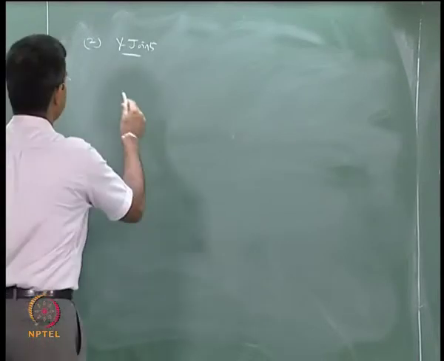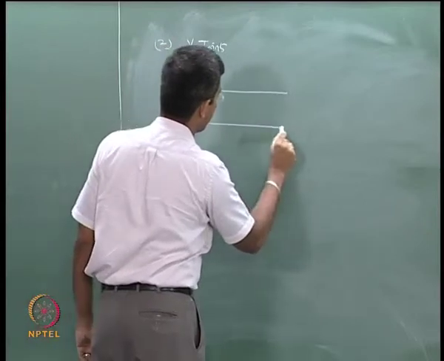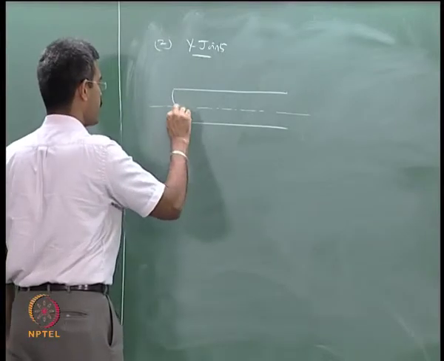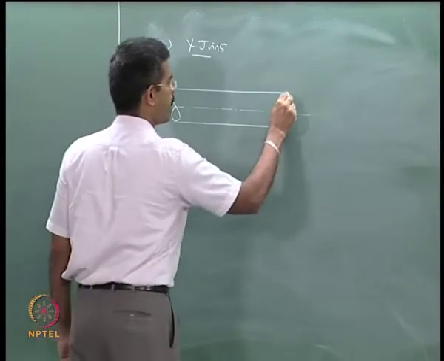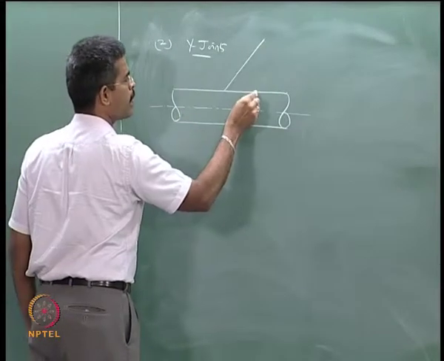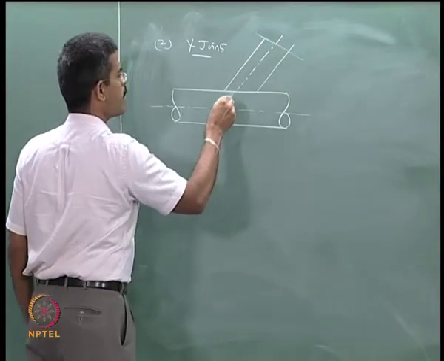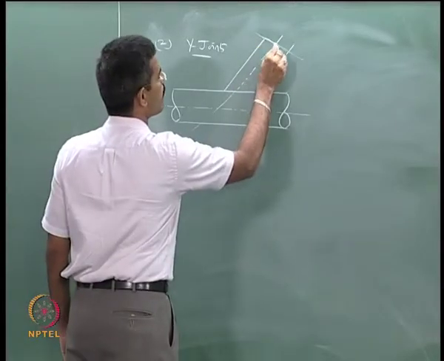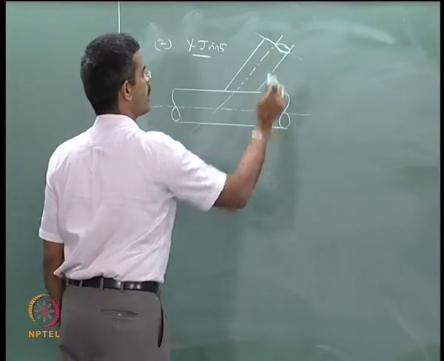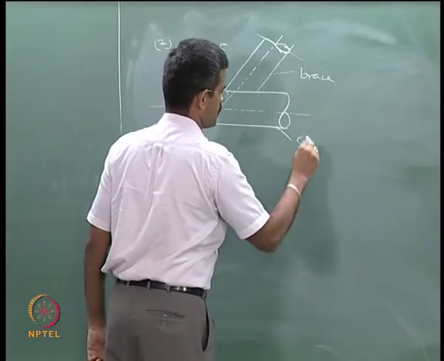The typical Y joint, this is what we call as a brace, this is what we call as a chord.